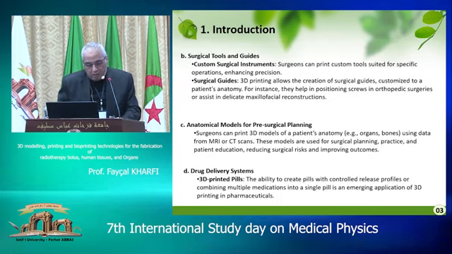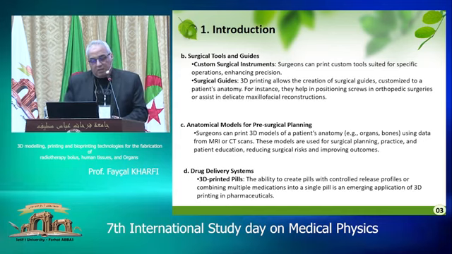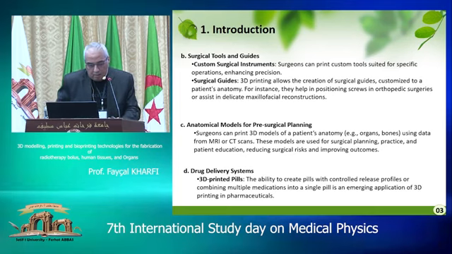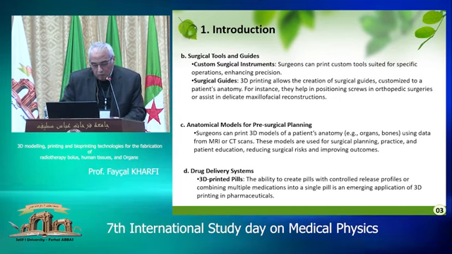There are also other applications such as surgical tools and guides. Here, surgeons can print custom tools suited for specific operations, enhancing precision. 3D printing also allows the creation of surgical guides customized to the patient's anatomy. 3D printing can also be applied for anatomical models and pre-surgical planning.